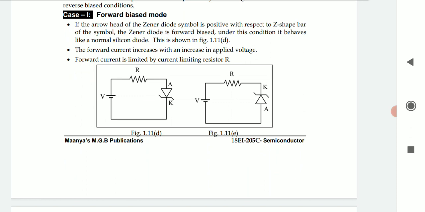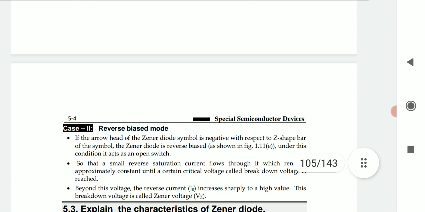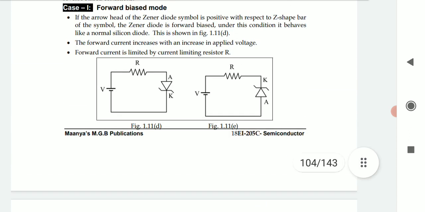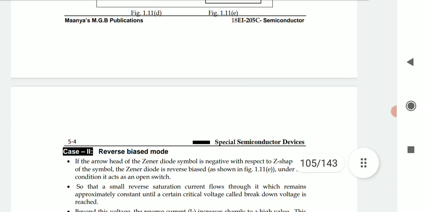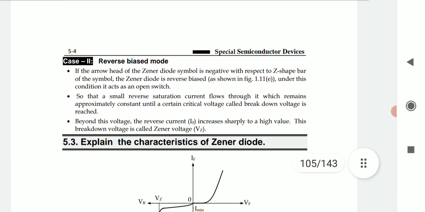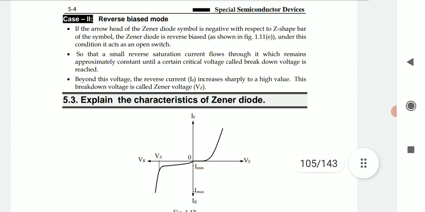Okay, in the forward bias, the forward bias characteristics of Zener diode are the same as the forward bias characteristics of p-n junction diode, whereas the reverse bias characteristics are different from p-n junction diode. If the arrowhead of the Zener diode symbol is negative with respect to the Z shape bar of the symbol, the Zener diode is reverse biased.